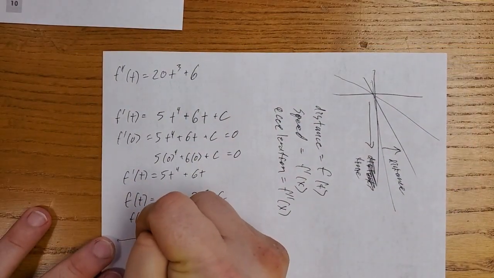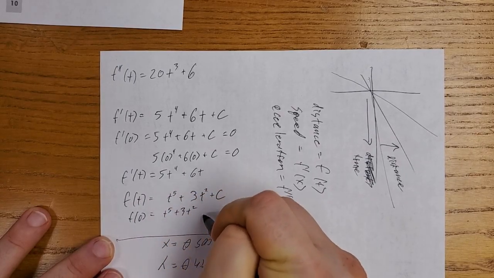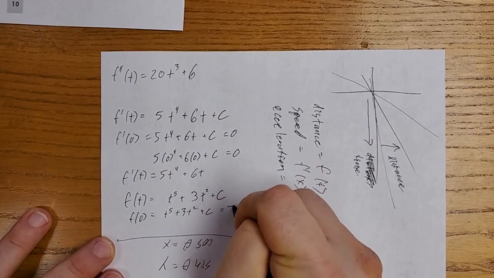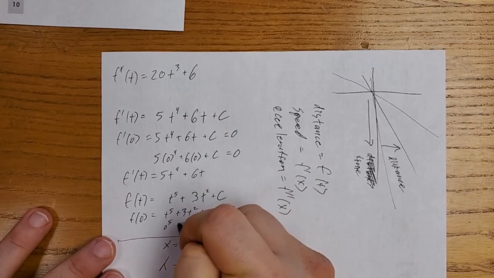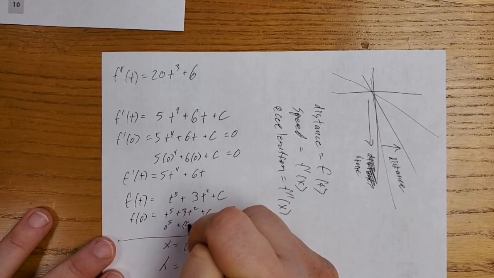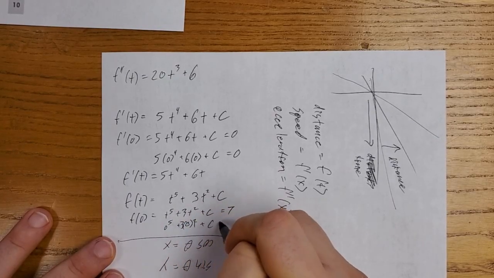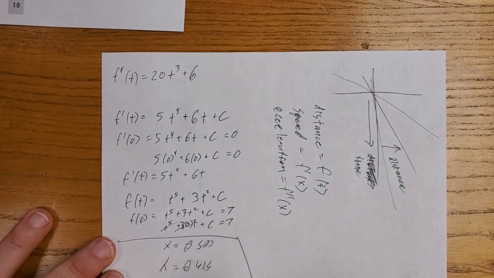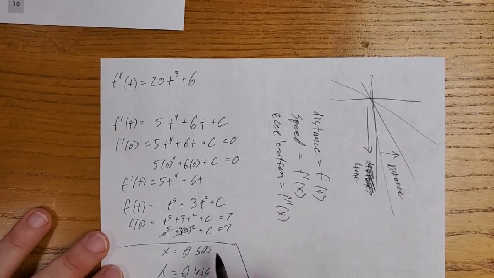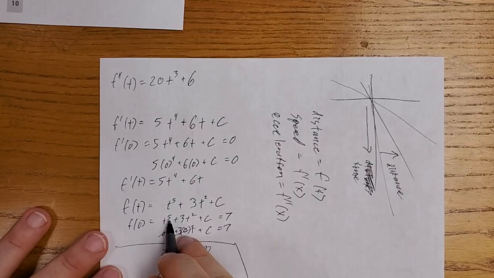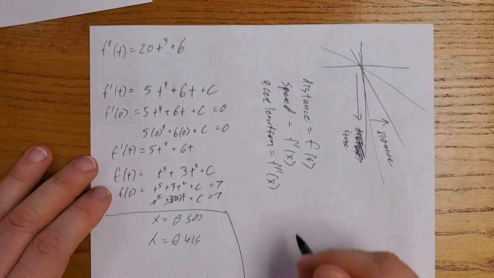So at 0, that all equals 7. So again, if you fill in 0 for this, 3, 0 squared plus c equals 7. Obviously, that goes away. So c equals 7. So your actual final equation is going to be t to the 5th plus 3t squared plus 7.